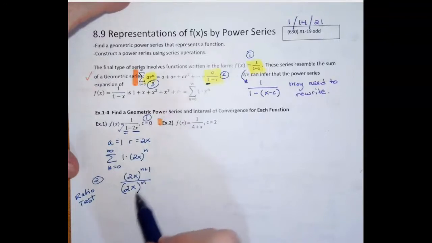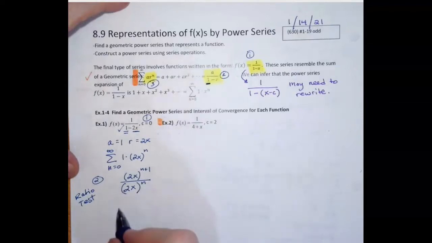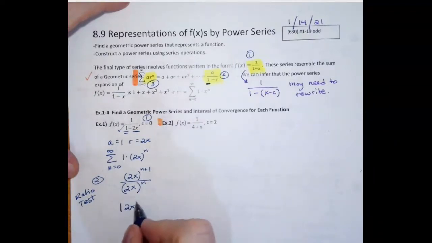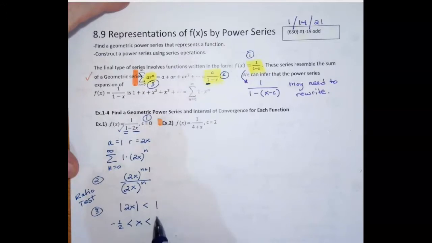So if we reduce that, that's 1 degree higher than this, so we'll just be left with 2x. So that's 2x. And now step 3 is to compare that to as less than 1. Okay, so if we multiply both sides by 1/2, then we're going to have negative 1/2 and positive 1/2. So our interval of convergence will be negative 1/2 to positive 1/2.